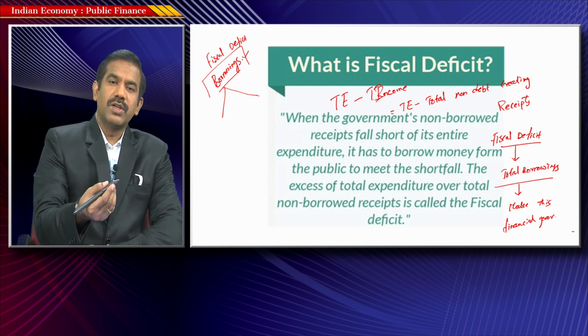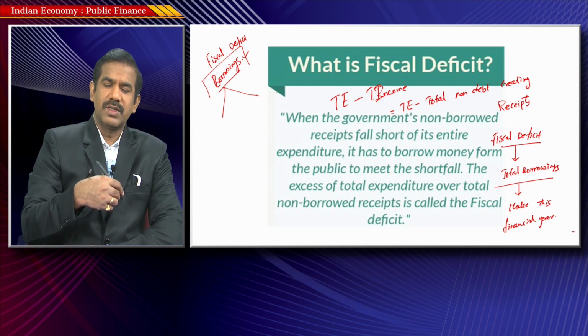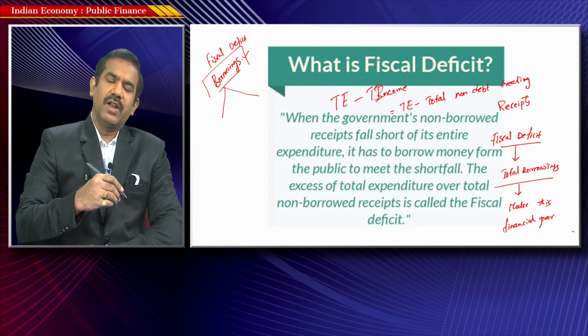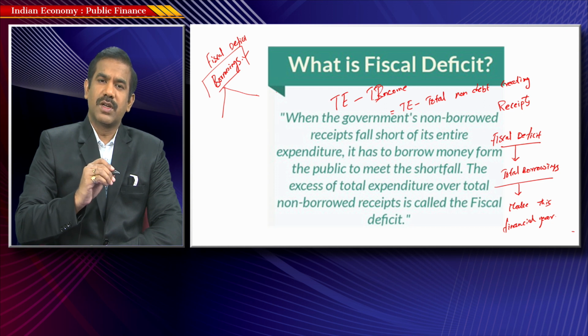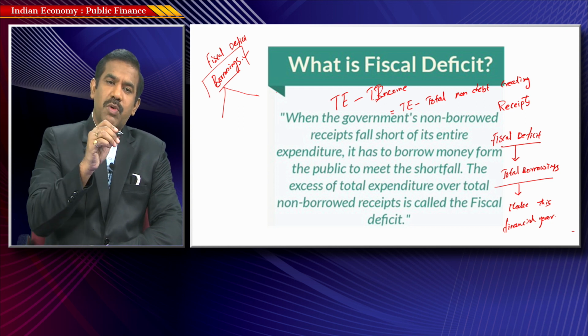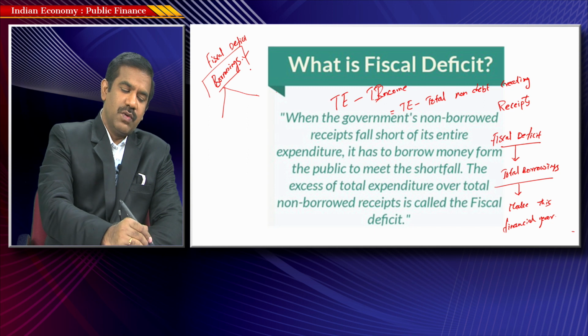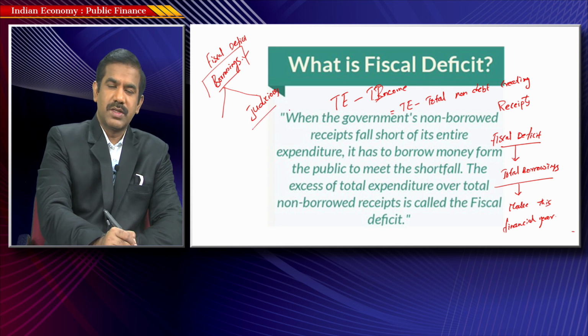There is nothing wrong in borrowing money for creating capital assets or empowering your economy. But if you are borrowing just to pay interest on loans borrowed previously, that doesn't make any sense. Hence you cannot outrightly say fiscal deficit is bad, or borrowing is bad. Borrowing makes sense only when you make judicious utilization of it. When you make proper usage of it, borrowing makes sense.